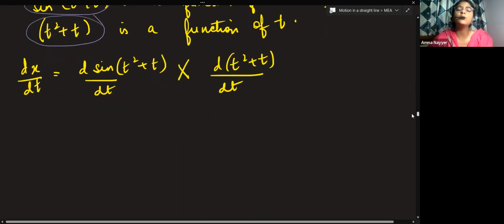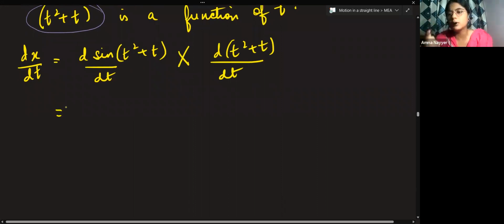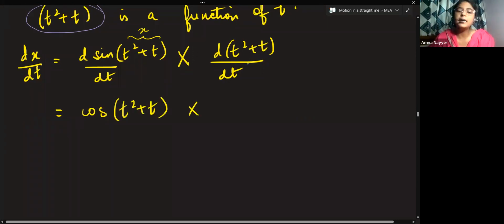You people know how to solve sine x, it was cos x. So instead of x, you have this whole term. So this will be cos of t square plus t multiplied by d of t square plus t.